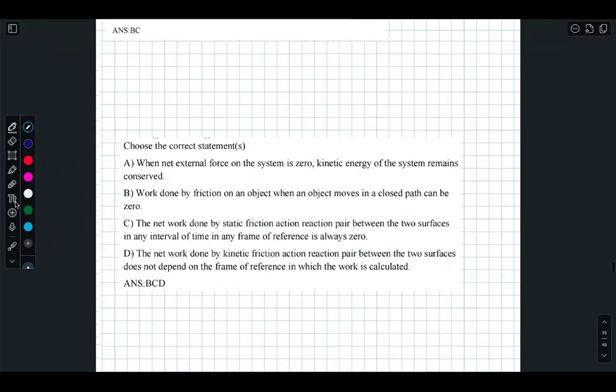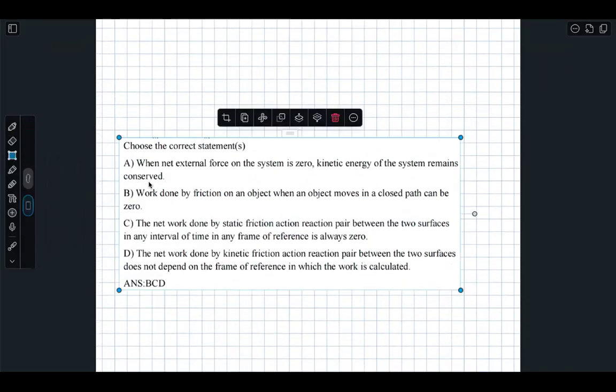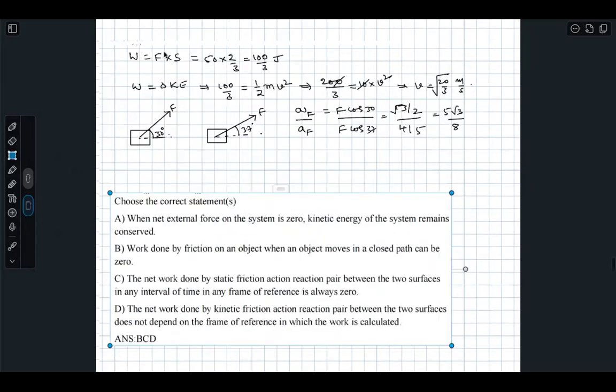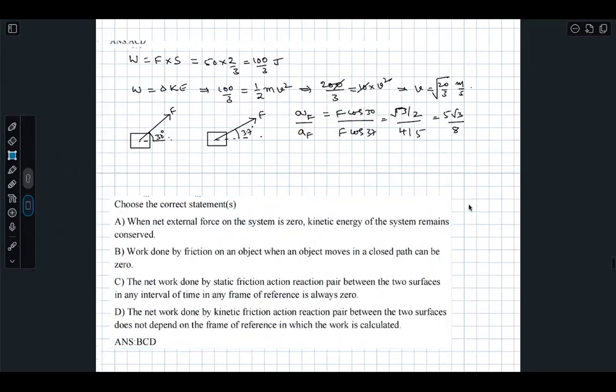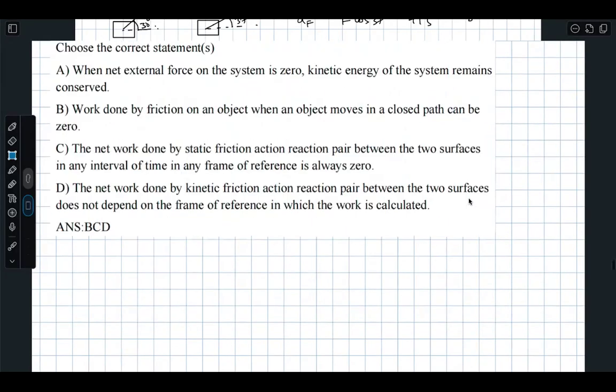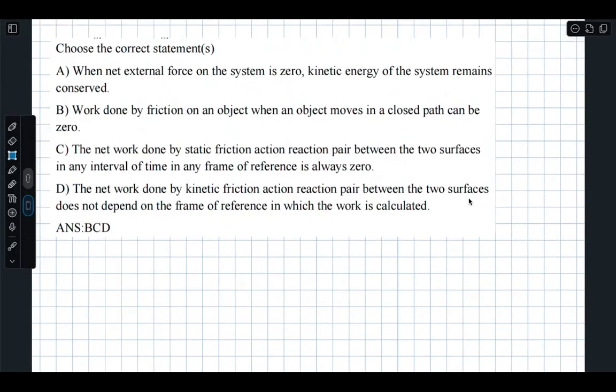This is the next question. Please go through these questions. Theory questions, all repeated. Varun, choose the correct statement. There are 4 options given.